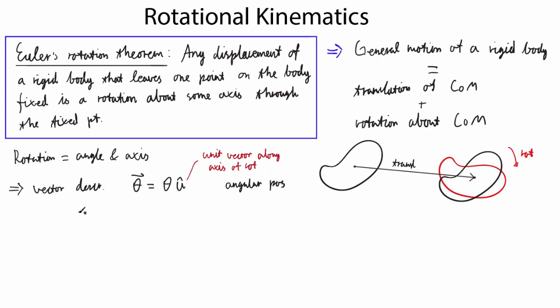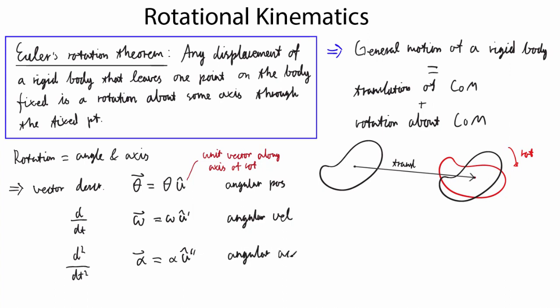And we could, of course, take the time derivative, and then we get angular velocity. If you take two time derivatives, then we get angular acceleration. We should also note here that I have not used the same u hat for all three cases.